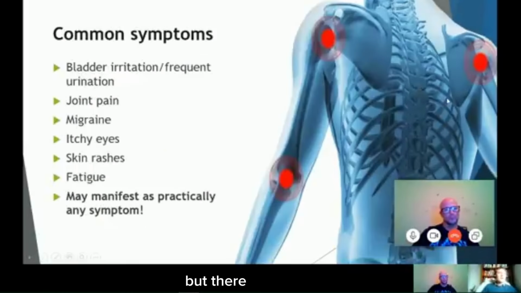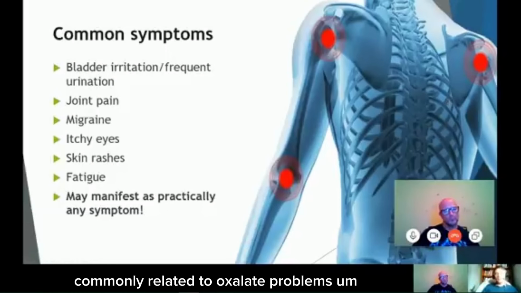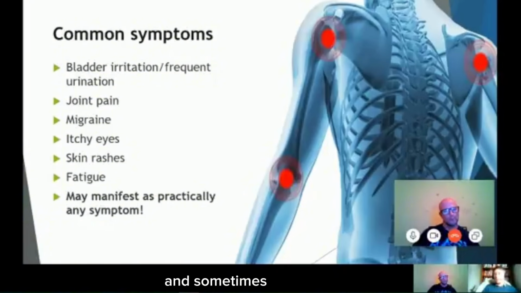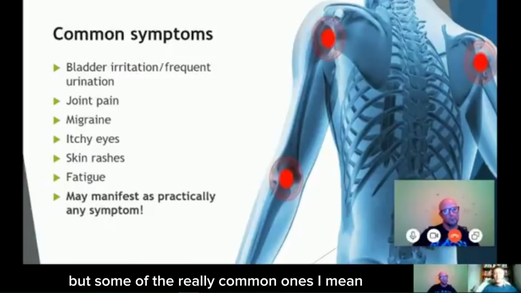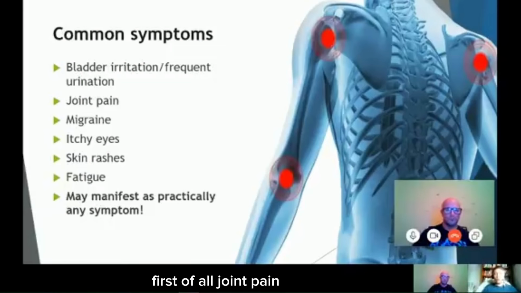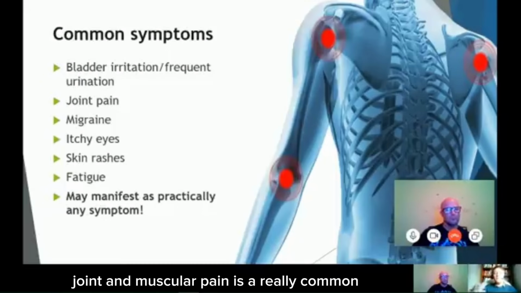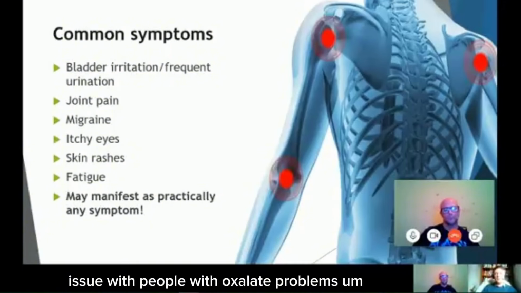But there are certain symptoms which seem to be more commonly related to oxalate problems, and sometimes people may not relate this to their diet. Some of the really common ones, first of all, joint pain. Joint and muscular pain is a really common issue with people with oxalate problems.